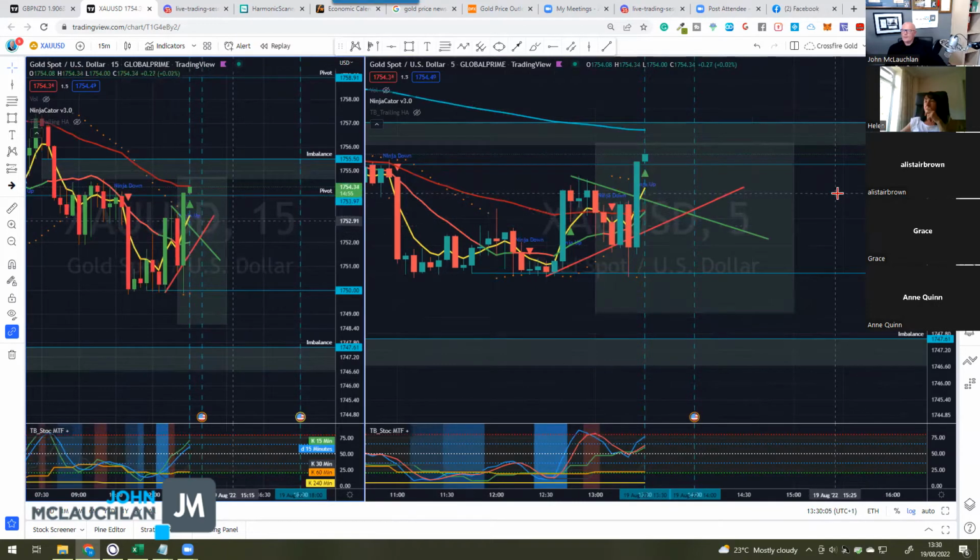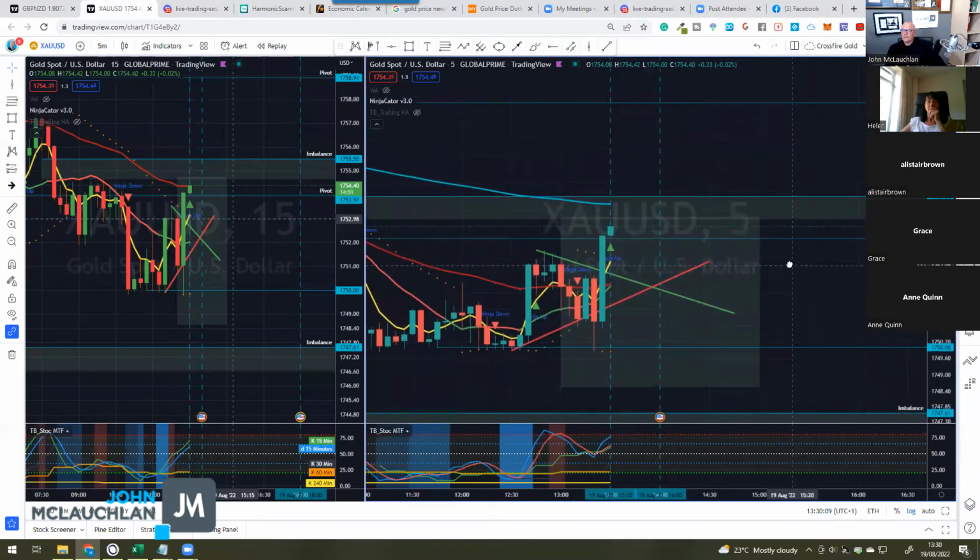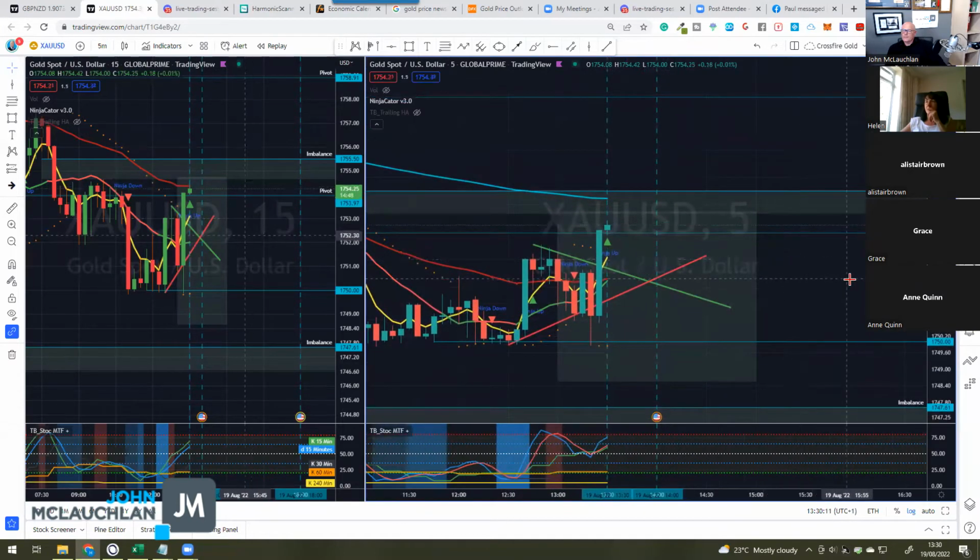Okay, so there's a ninja up. We just hit the high impact news. And again, under normal circumstances, this would be an opportunity to potentially get in. And again, normally wait for half the candle to finish, about 2.5 minutes or thereabouts. And as you can see, after the first 30 seconds, it started to retrace.